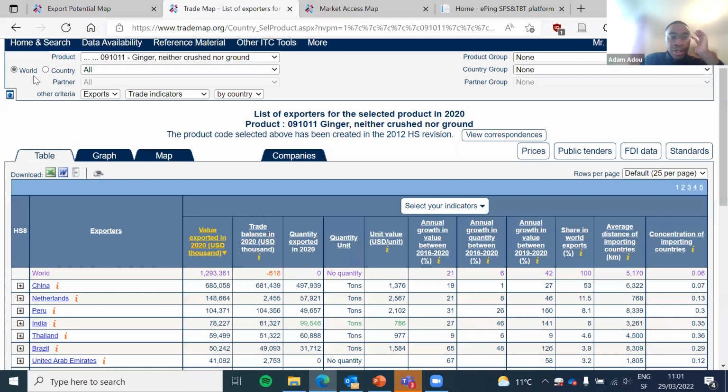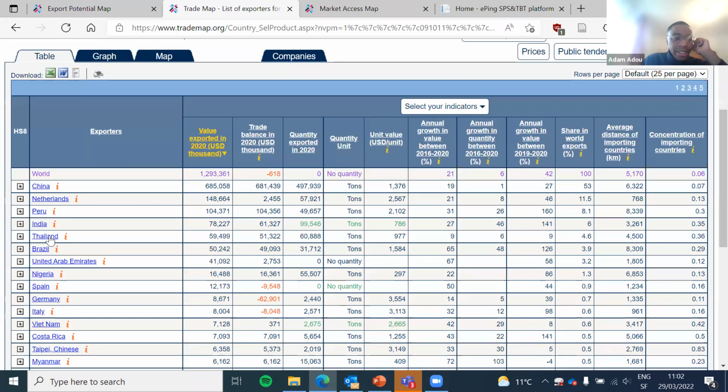Either you go to the home search, or you use the toolbar in here and select the destination country of your preference, and then you will have the export of ginger from Thailand to the specific country, putting Thailand and the partner. Or you can click in here directly on Thailand, and you will have the list of destination countries where Thailand is actually exporting ginger. So let's try that.